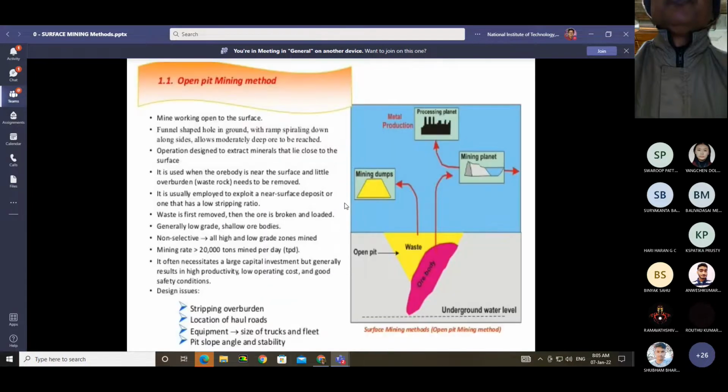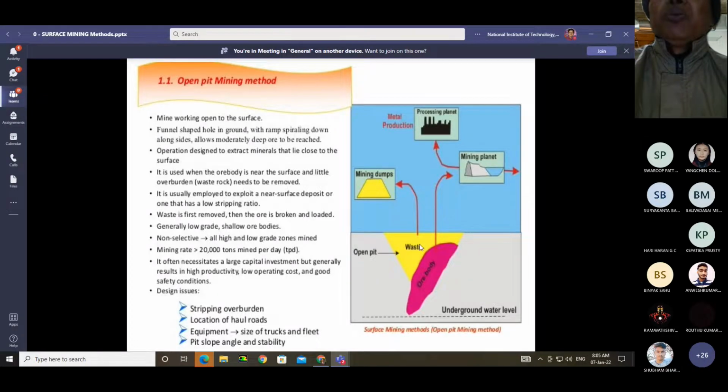And yesterday we discussed the open pit mining method. This is the ore body. This pink color is the ore body, and this ore body is covered by the waste materials.